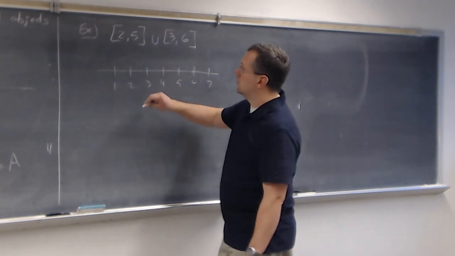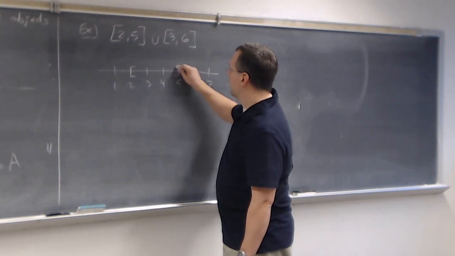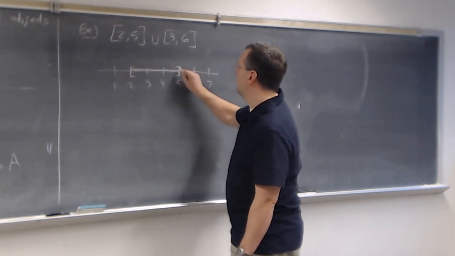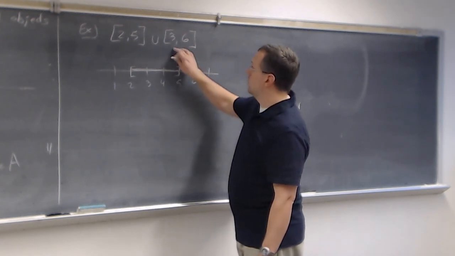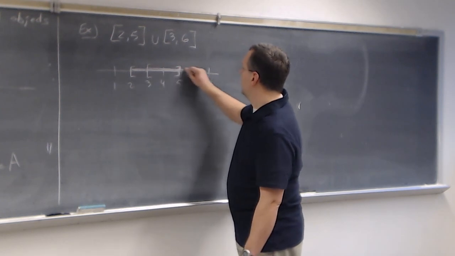So for the interval from 2 to 5, we go from 2 to 5, and I shade in the real line here. If I had a different color, I would use it. But the union, this set goes from 3 up to 6.